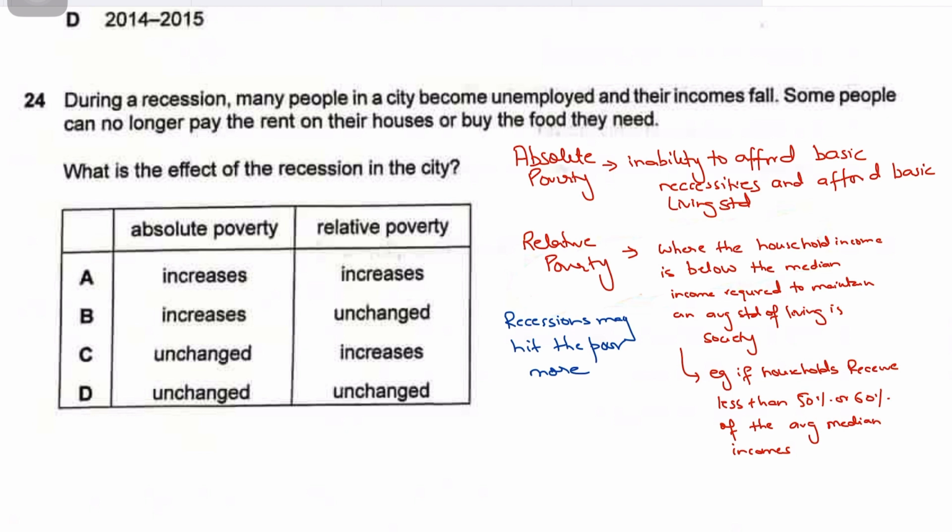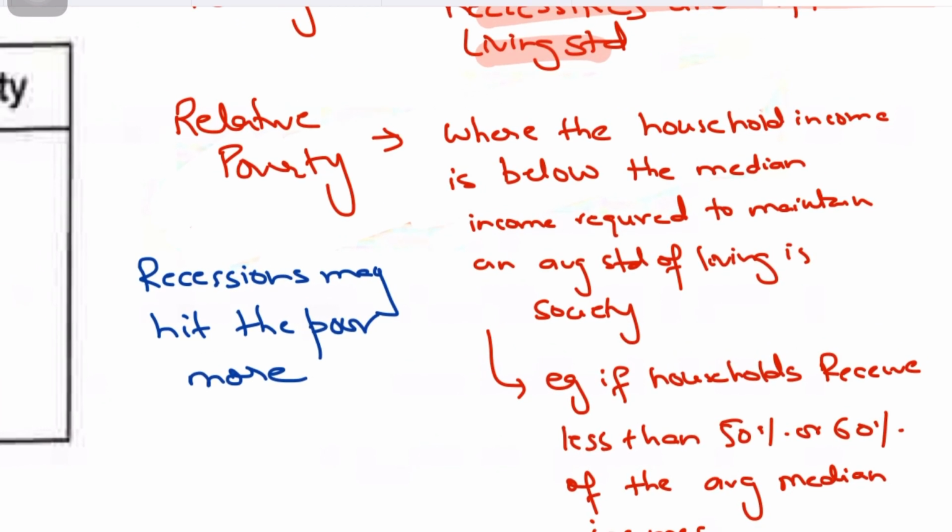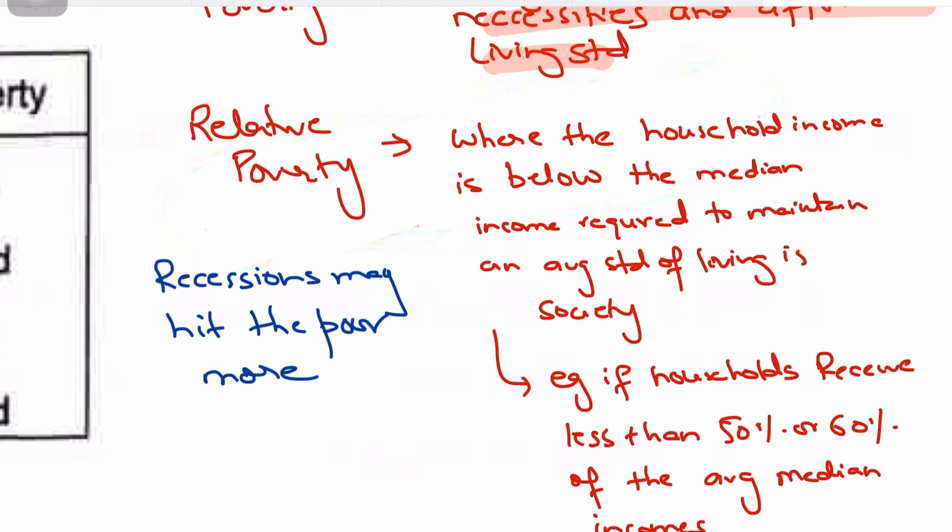Absolute poverty, we know, is the inability to afford basic necessities and basic living standards, usually when you're earning less than $1.5 to $2 a day. Relative poverty, on the other hand, is when your household income is below the median income required to maintain an average living standard in society. It gives you a distribution of income, the gap between the rich and the poor, indicating how unequal or equal income distribution is in society.